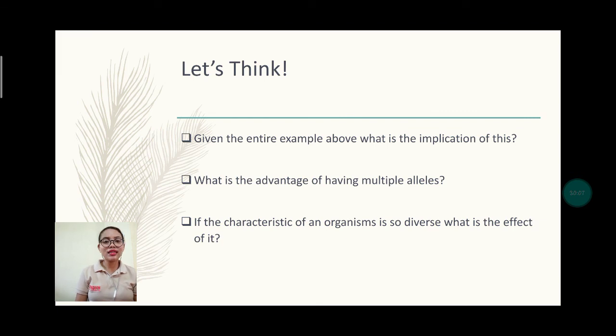Having multiple alleles, class, makes an organism more diverse. If the organisms are diverse, they have the capability to survive in the wilderness, so the chances of survival are higher. Next, if the characteristics of an organism are so diverse, what is the effect of this? Like I said, the chances of survival are higher.